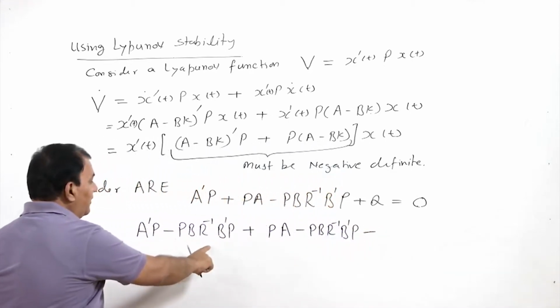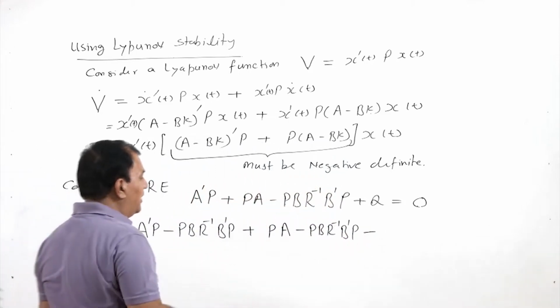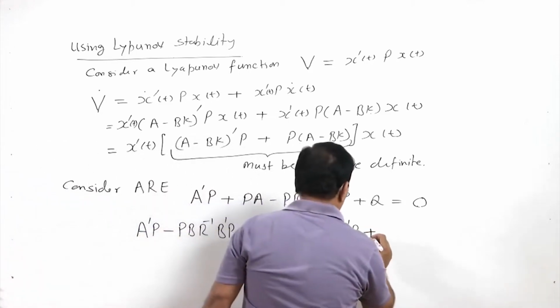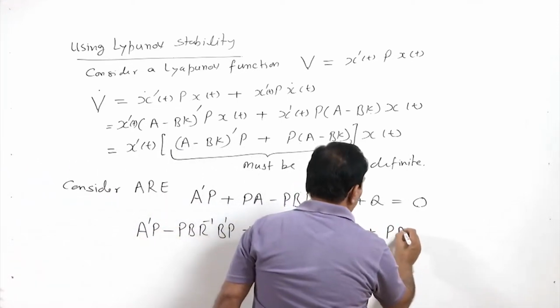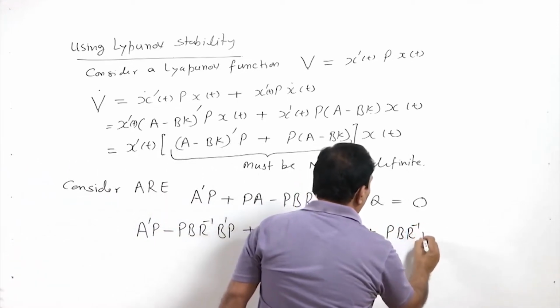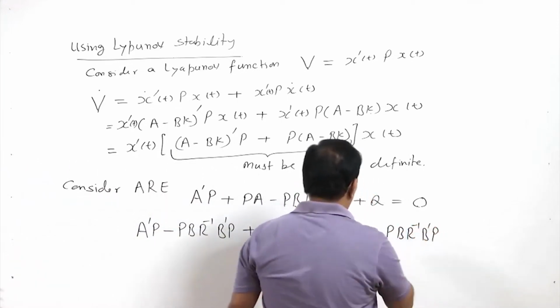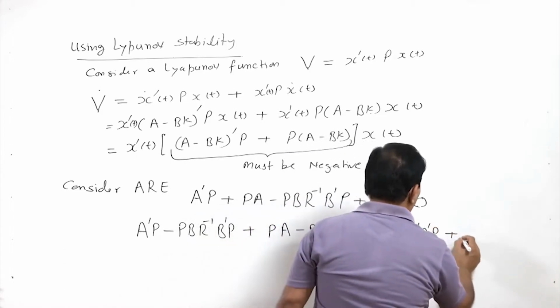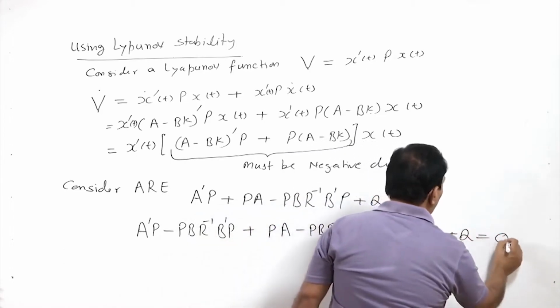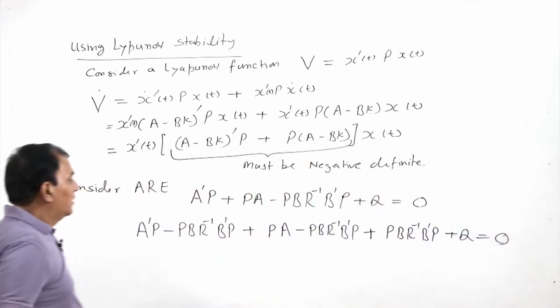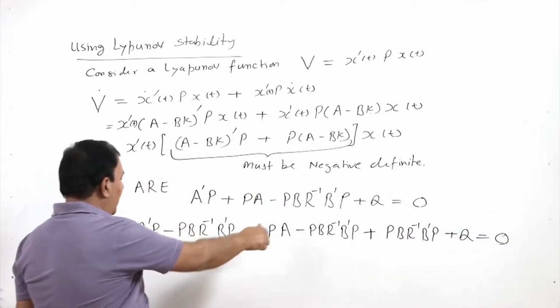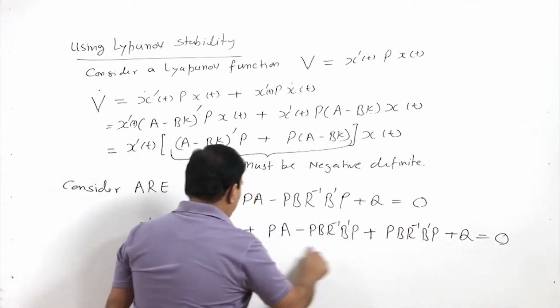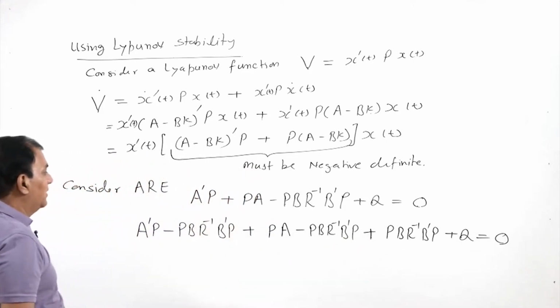I have subtracted one P B R inverse B prime P, so I will add one P B R inverse B prime P plus Q equal to 0. So, I did nothing, I have added and subtracted this term, rest we kept same.